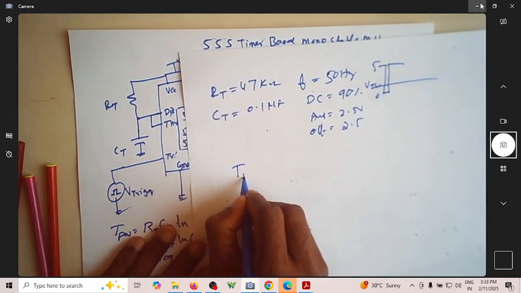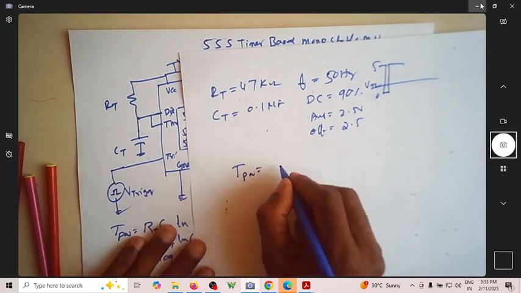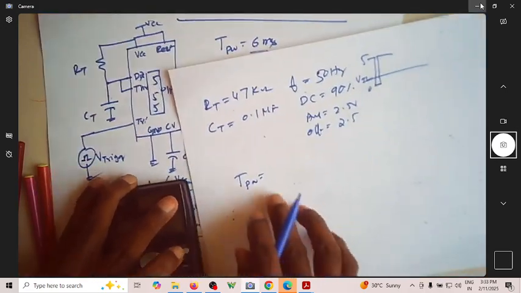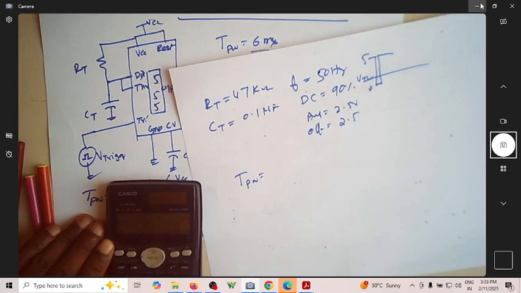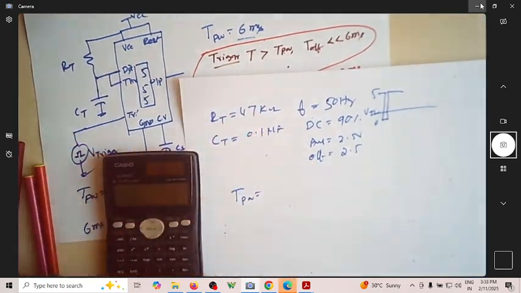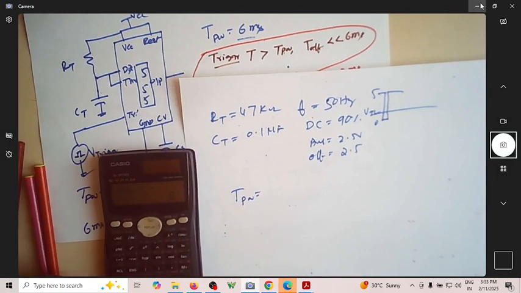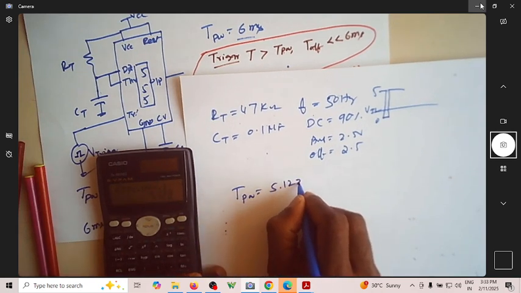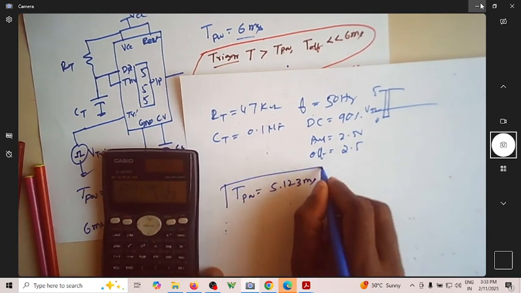How much will be the pulse width? It will be slightly less than 6 millisecond because we are using a lesser value. Instead of 55 you are using 47, so it will be 47 into 1.09 into 0.1, which is 5.123 millisecond. This will be the pulse width.